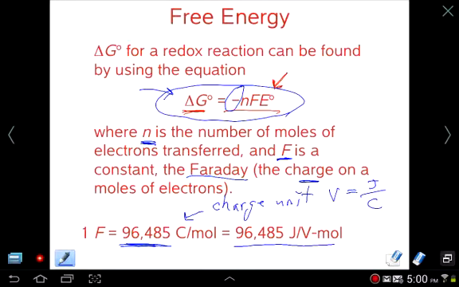That way, when E is positive, this will give us a negative delta G. Recall that a negative delta G means that it's spontaneous. Essentially what we mean is anytime E is positive, the reaction will run spontaneously. And if the opposite is true, if E is negative, then the reaction will not run spontaneously.